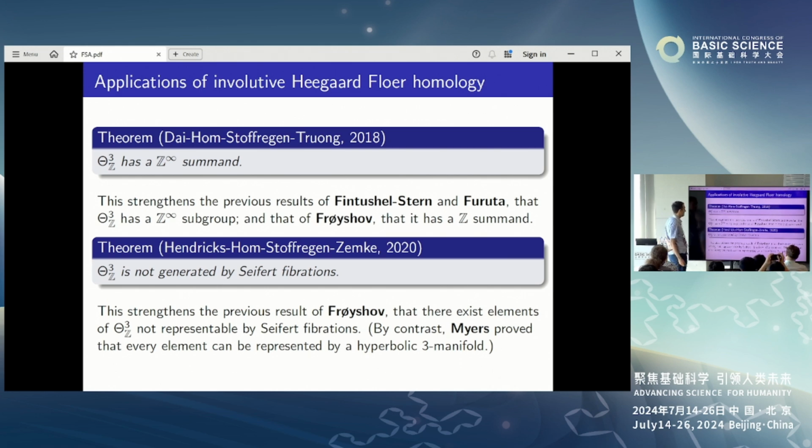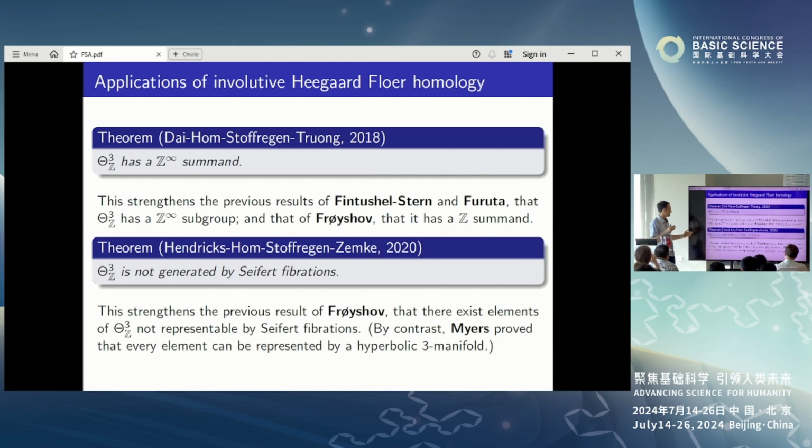That's another one, with a slightly different group of co-authors: Hendricks, Hom, Stoffregen, and Zemke. They show that it's not generated by Seifert fibrations. So Seifert fibrations are a simple class of three-manifolds. And previously, Fröyshov showed that there exist elements of Θ^3_Z that are not representable by Seifert fibrations.